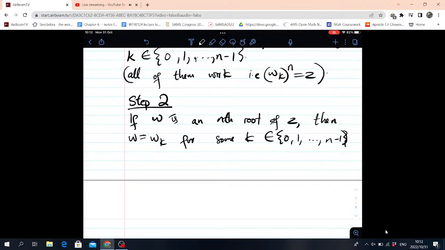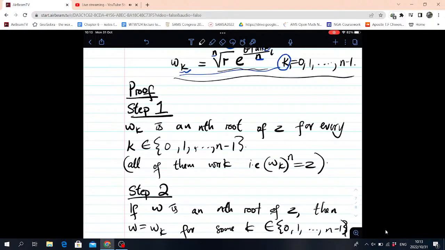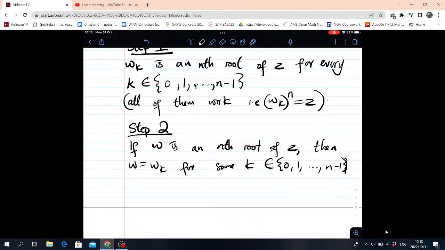Because we want them to be exactly n of them, and if we show that all of the n that we have are nth roots of this, then if I find any other root of Z, we have to show that it is one of these that we already have, because we want them to be exact.